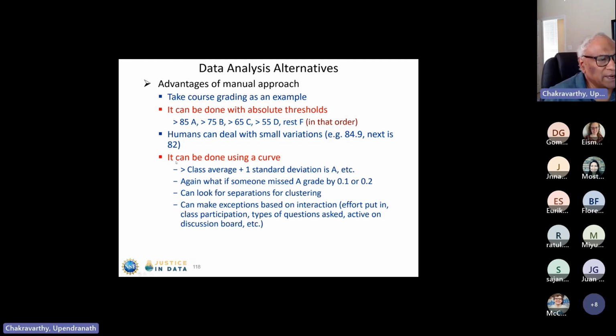Another example, suppose I'm using a curve, which I typically do, saying class average plus one standard deviation is A. Again, what if someone missed A by a very small amount? You can look for separations, can make exceptions based on interaction, effort put in, class participation, types of questions asked. So the manual approach has some merits, but you cannot scale it. What if the class average is 82%?